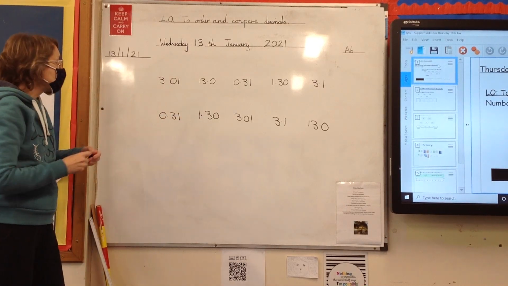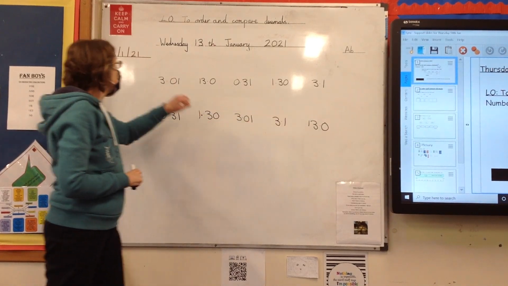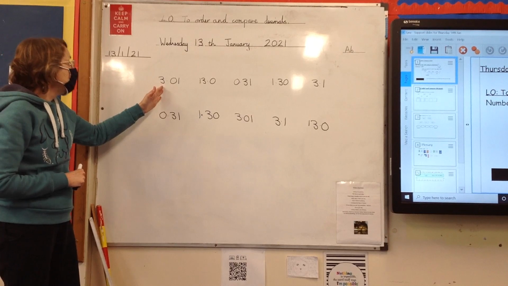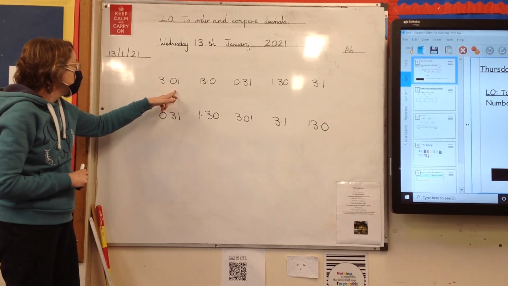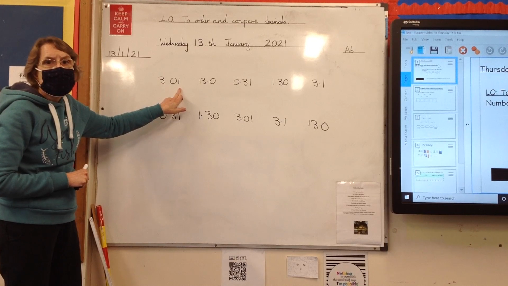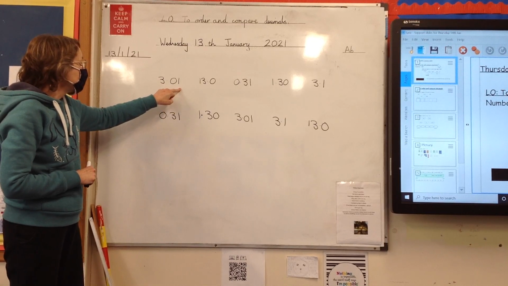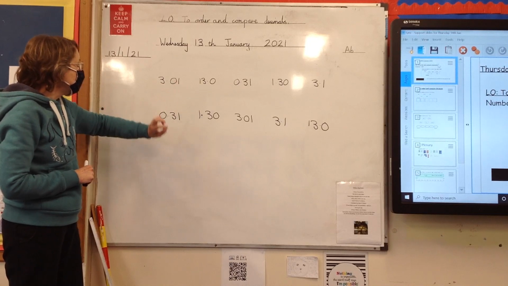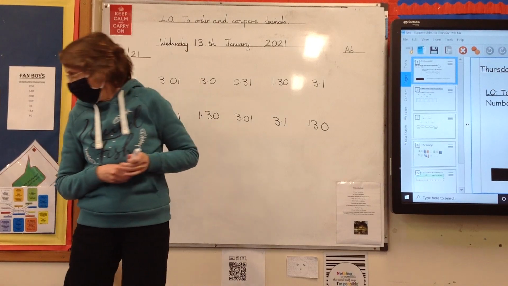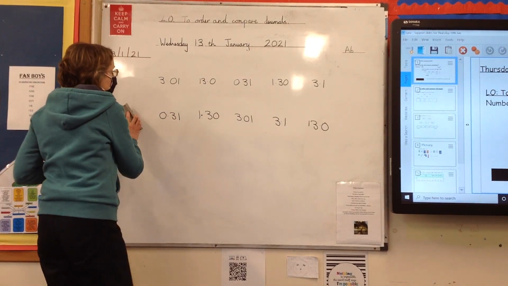So we put them in order smallest to largest, but we've actually started with the largest because we started with the whole numbers, then we look at the tenths, then we look at the hundredths. Okay? Now, I would like you at home to have a think about that, and also, if you need a bit more help on that, to watch the video on Corbett Maths, which the link is on there.